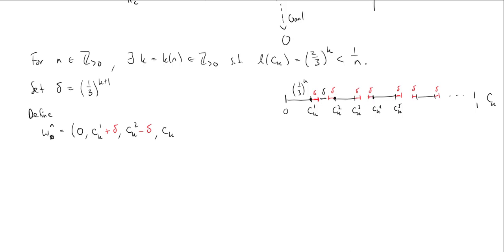So the next one will be C_k3 plus delta, and then we'll have C_k4 minus delta. And we keep on going until we get to the end. At the end, we're going to have C_k, and then this was 2 to the k plus 1 minus 2. Since this is an even term, we're going to get minus delta, and then finally we finish at 1.